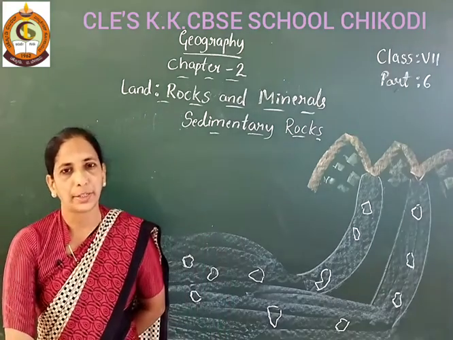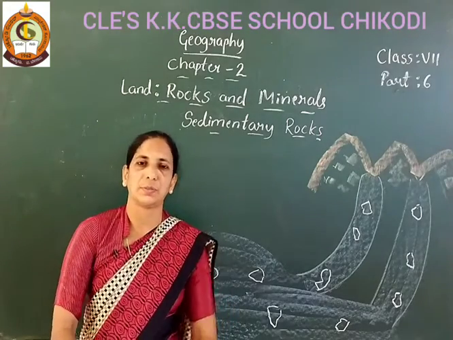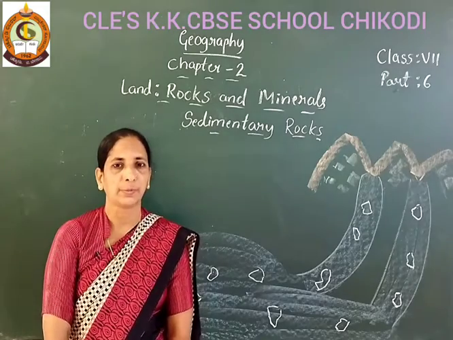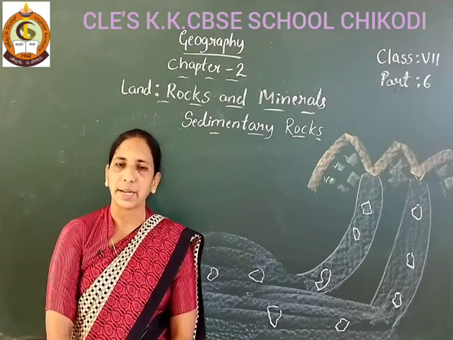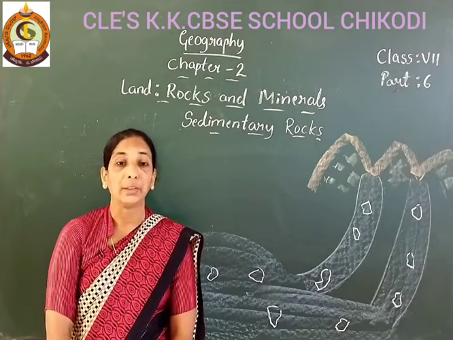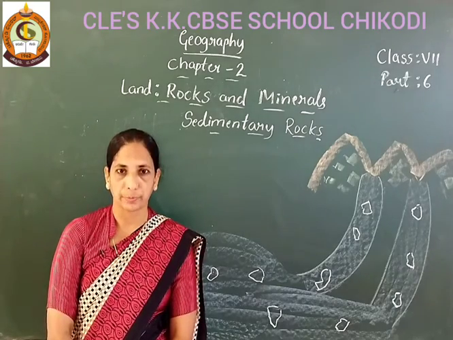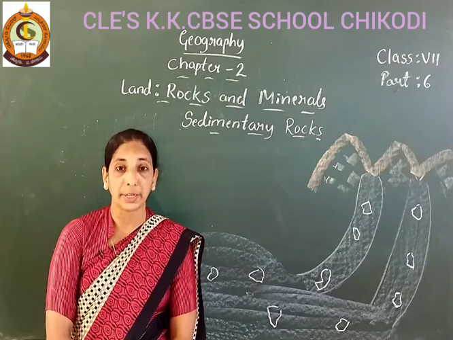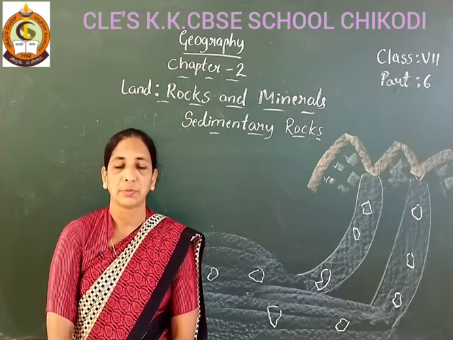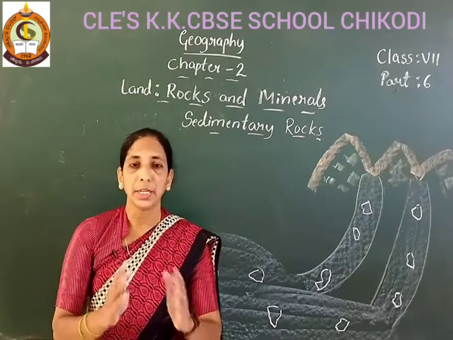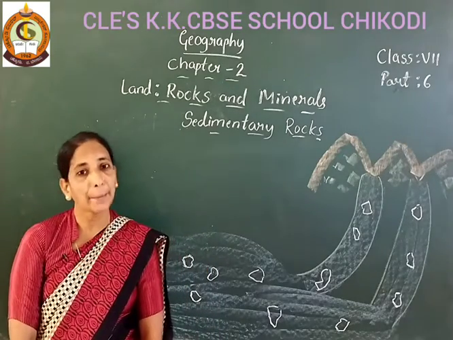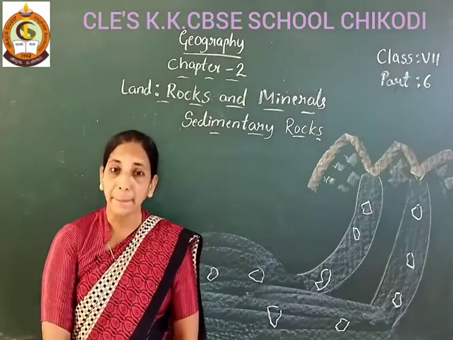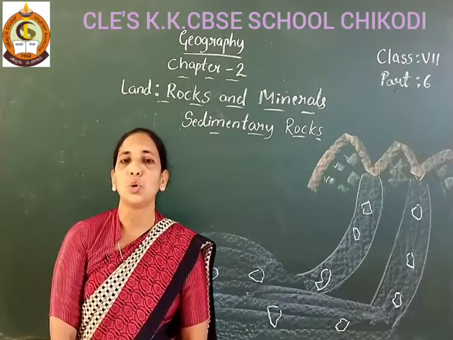Rock is divided into three categories: one is igneous rock, second is sedimentary rock, and third is metamorphic rock. About igneous rock we completed in the previous class. Igneous rock is the primary rock, and it is also a hard material.